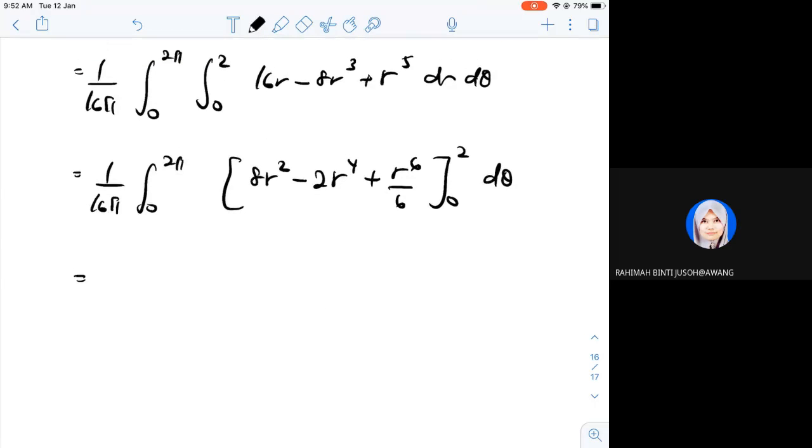So kita ada 1 over 16 pi. What is 2 kali 2, 4, 8. 8 kali 4, 32. 2 to the power of 4, 16. 32 plus 2 to the power of 6, which is 64 over 6, d theta.